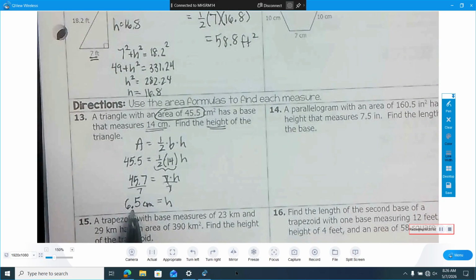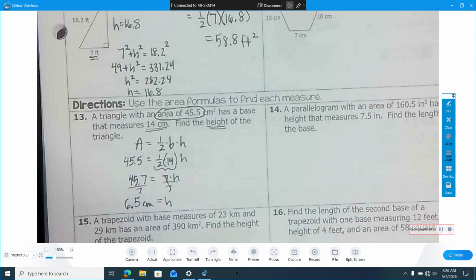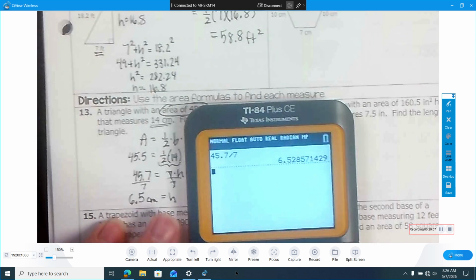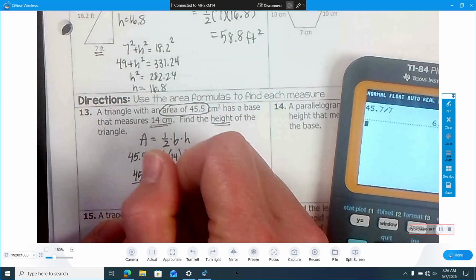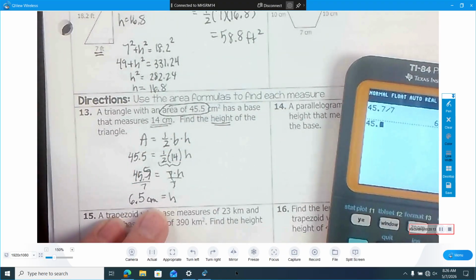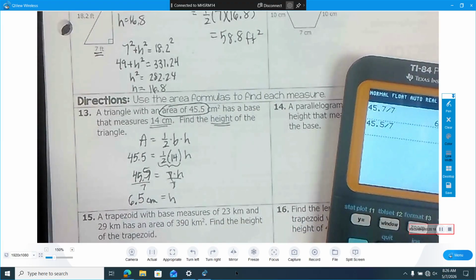No. Wait a minute. What did I say? You wrote 7 instead of 0.5. Oh, 45.5. 45.5 divided by 7 is still 6.5. There we go. All right. Thank you, guys. Good catch.